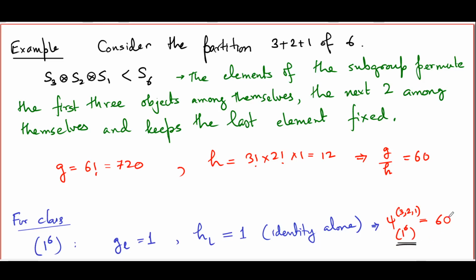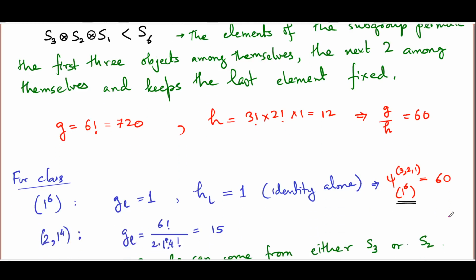So let us now move on to the next class, which has a smaller number of 1-cycles because a 2-cycle has come in. This, of course, is a class which has elements with 1 2-cycle and 4 1-cycles. Of course, the number of elements in this class can be easily figured out using the formula that we had worked out earlier.